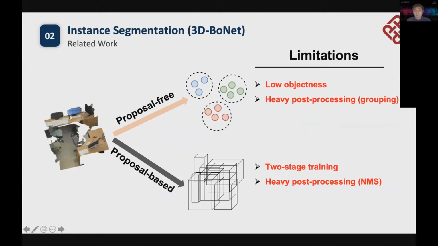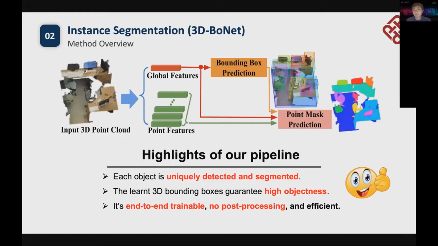Right, the existing approaches, once again, have lots of limitations. For example, the proposal-based approaches have very heavy post-processing steps, they have low objectness, and they require multiple training stages. But our approach is very simple. Again, we just formulate it as two components.